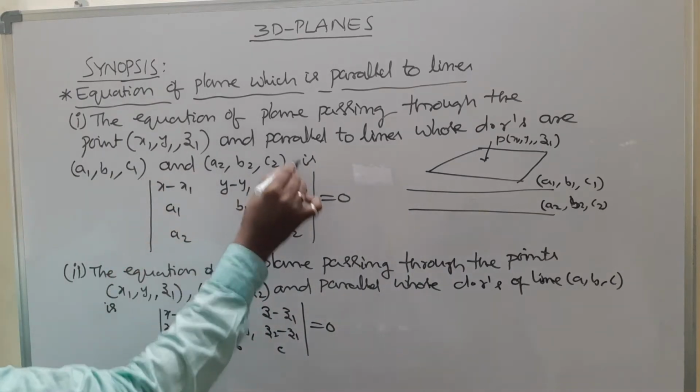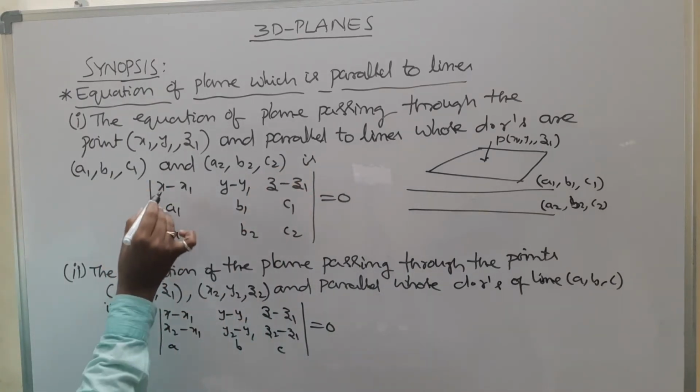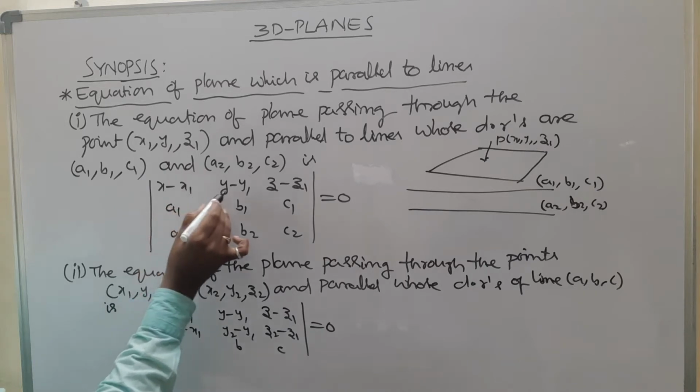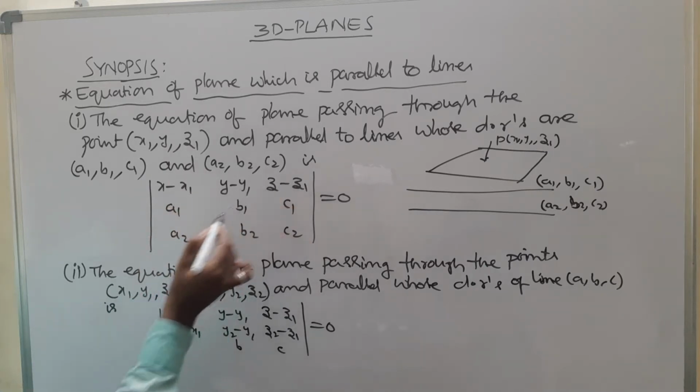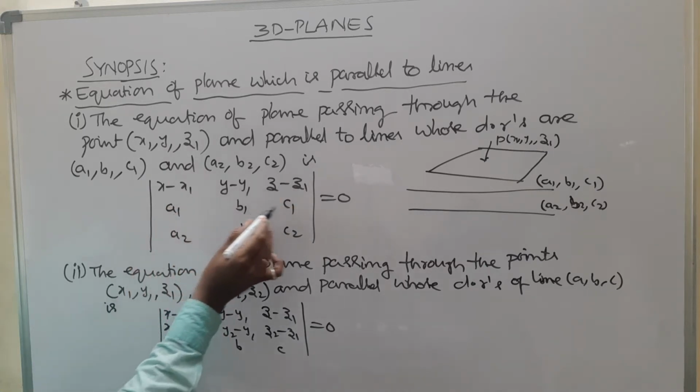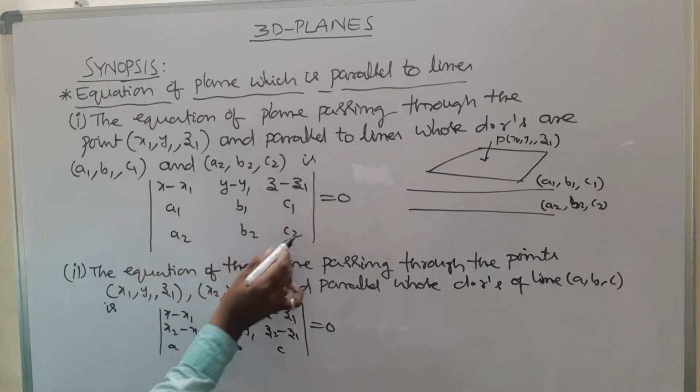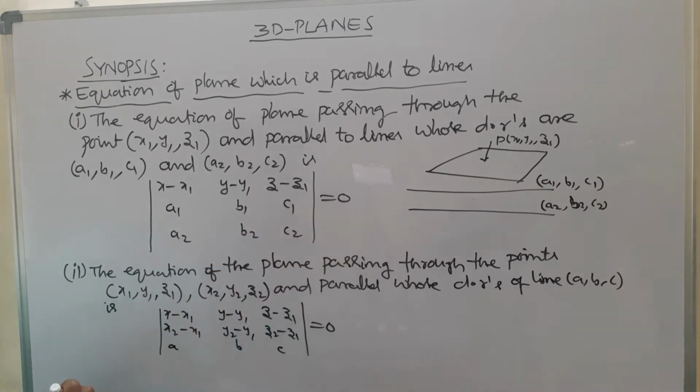Then the equation of the plane is the determinant of x minus x1, y minus y1, z minus z1; A1, B1, C1; A2, B2, C2 equal to 0.